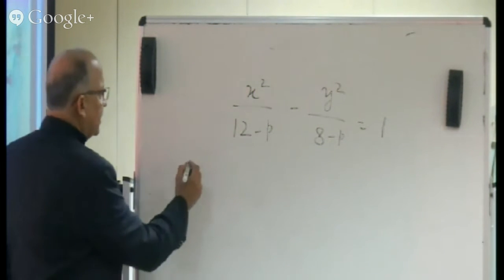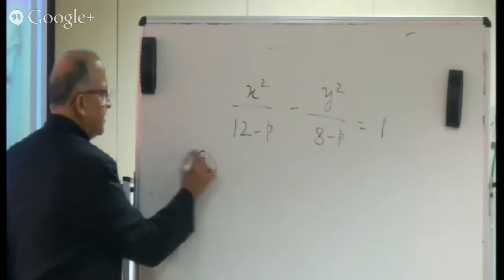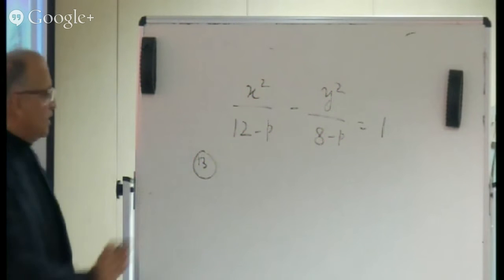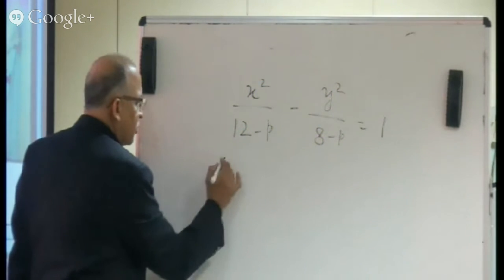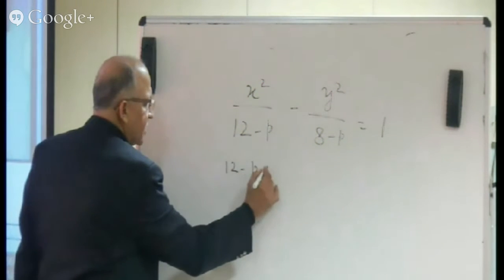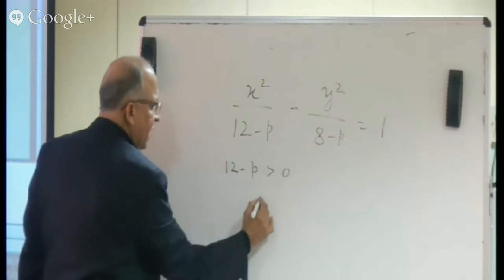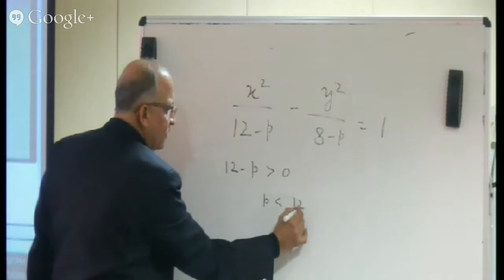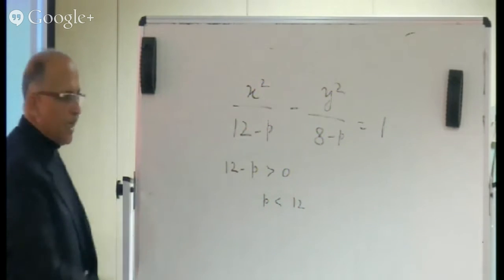You want 12 minus p to be greater than 0. Somebody is saying that it should be greater than 0. That means p should be less than 12. What about this 8 minus p?